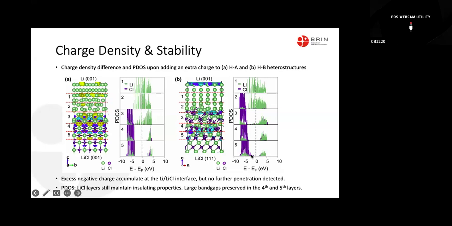And then we also calculated the partial density of state for the charged system and found that lithium chloride layers still maintain their insulating properties with a large band gap preserved in the fourth and fifth layer. So this confirms that under non-ideal condition, lithium chloride can still effectively prevent unwanted electron transfer.